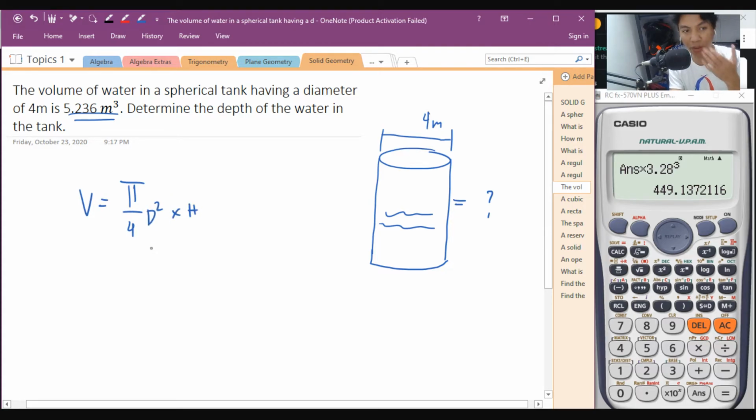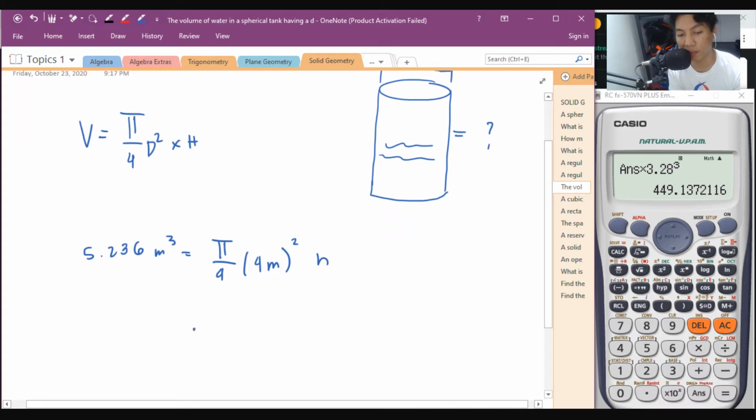Alamin natin. Meron kang given volume, 5.236 meter cube equal to pi over 4. Yung d is 4 meters. Hindi natin alam yung height. Yung hanapin natin.